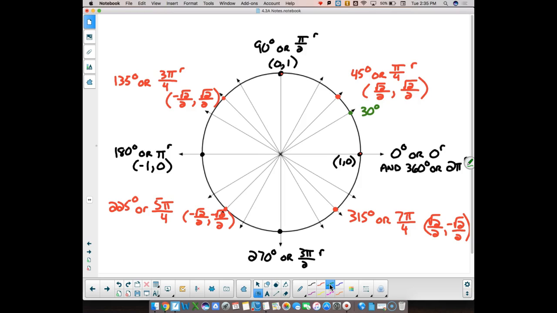In terms of radians, how many radians is that? Pi over 6. Okay.